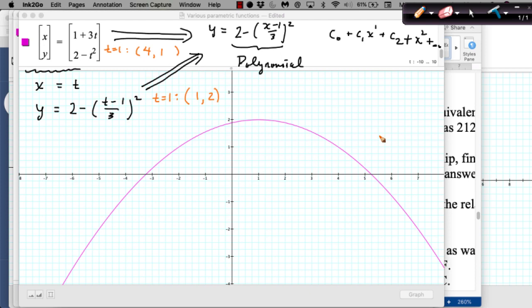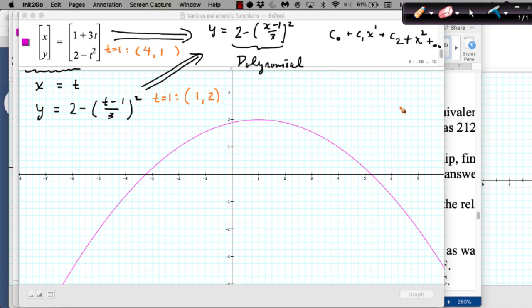For different values of t, I get different points, but I get the same whole set of points in the end. If I put all possible values of t into this one, and then into this one, it'll generate the same set of points, but it'll do it differently. Different function, but same range, same set of points that you get.